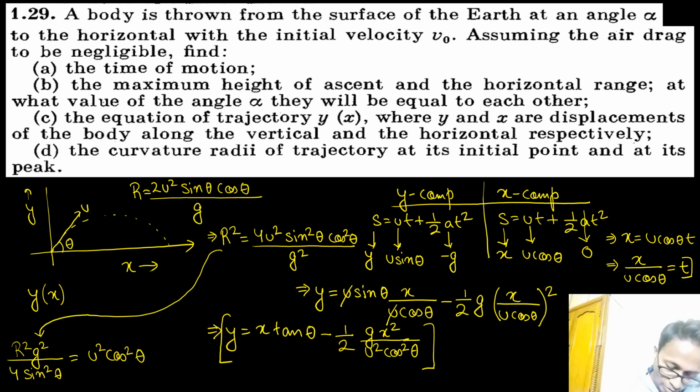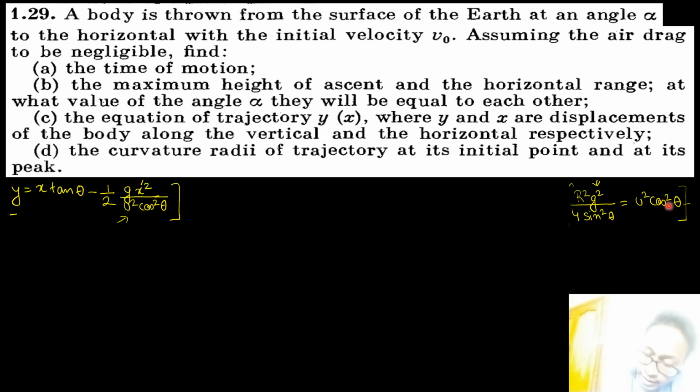Okay, and what was the value of u square cos square theta? Can I substitute this u square cos square theta here? Of course. So what I'll try to do now is substitute u square cos square theta here, or y is equal to x tan theta minus half g x square by, what's the value of u square cos square theta? It is nothing but R square g square by 4 sine square theta.